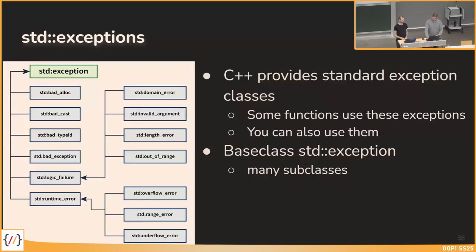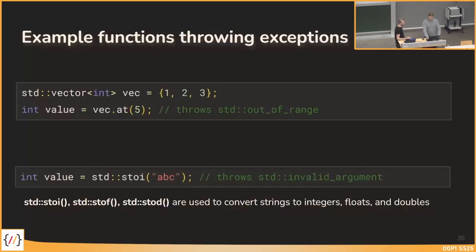This is one specific class in this hierarchy, and it's derived from logic_error, I think it's called. Here we can just assume whenever we want to access an element that is not within the range of the vector, then somewhere a standard out of range exception will be thrown, and we should catch it.